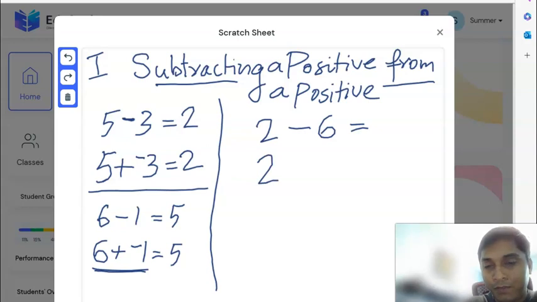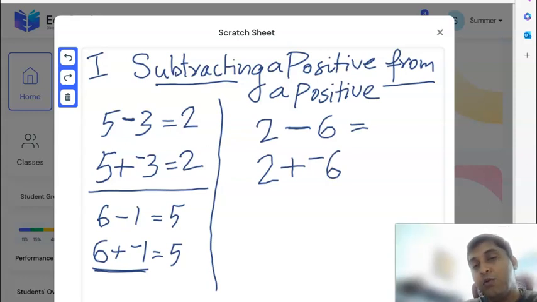The first number, 2, keep as it is, change the math operation sign into addition, and make the second number the opposite. Now 2 plus negative 6, the difference between the absolute values, and the sign of the bigger absolute value, the answer is negative 4.